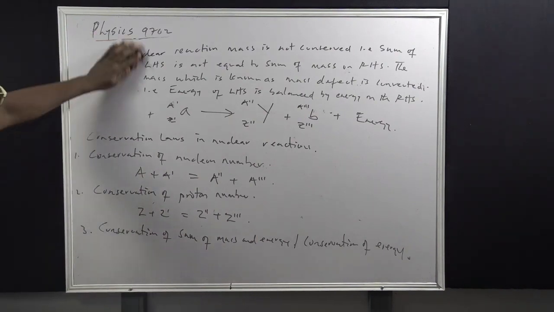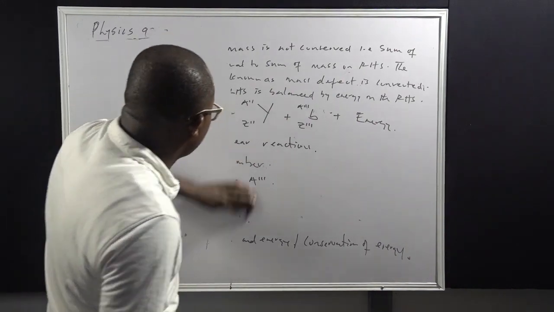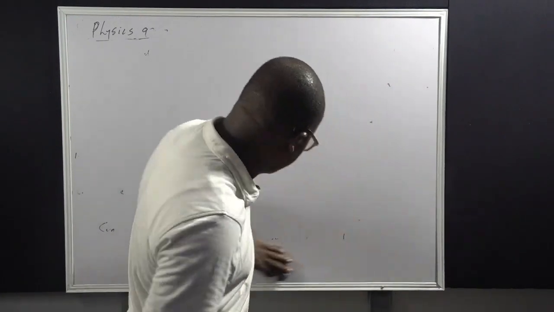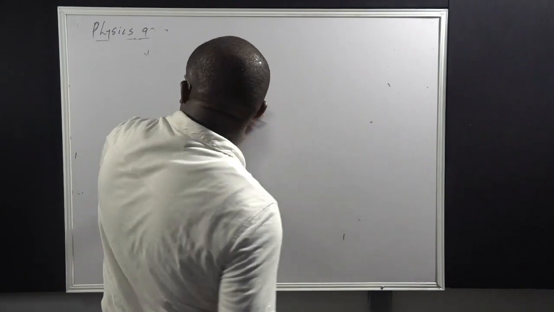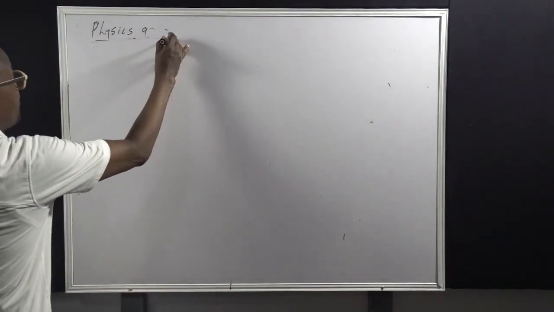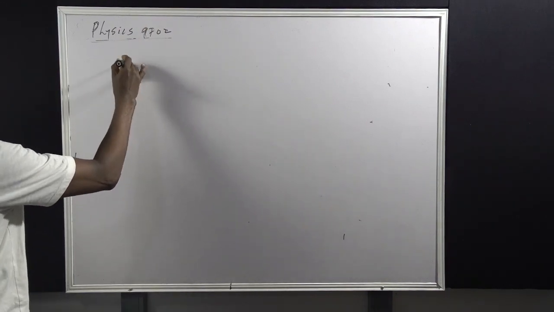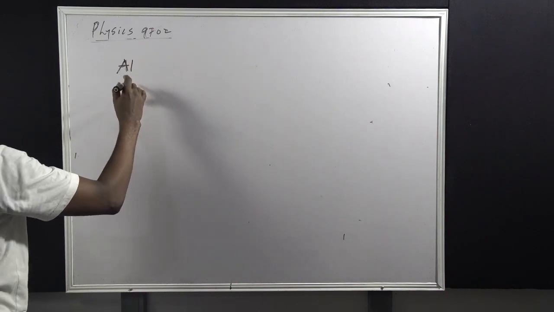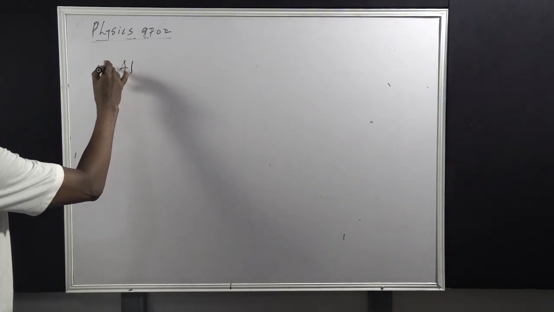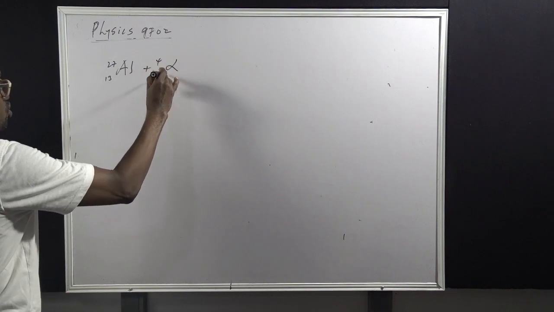Let's look at some illustrations. For example, let us say aluminium 27,13 bombarded with alpha 4,2.